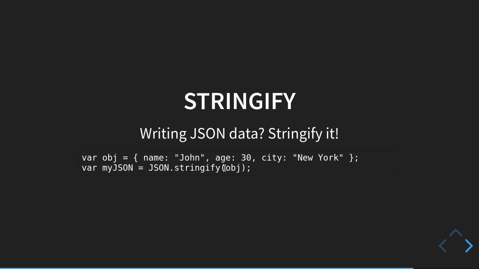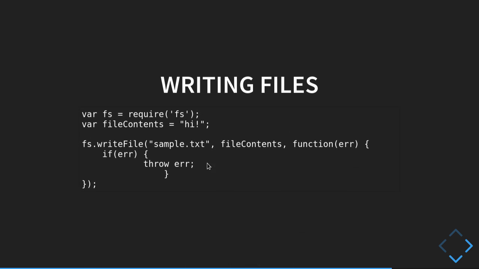In this case, we have an object with some content in it, and we place that in as an argument for JSON.stringify, and that's going to be my JSON. So now we can pass on my JSON as file content.